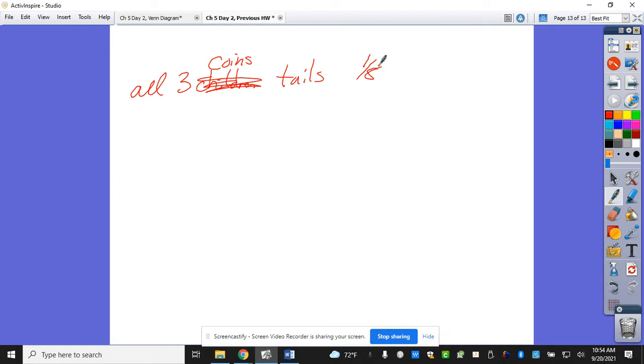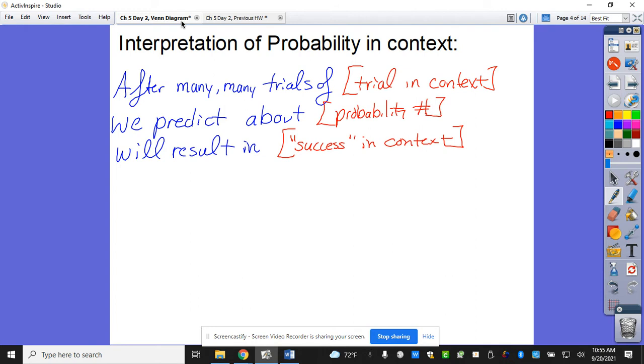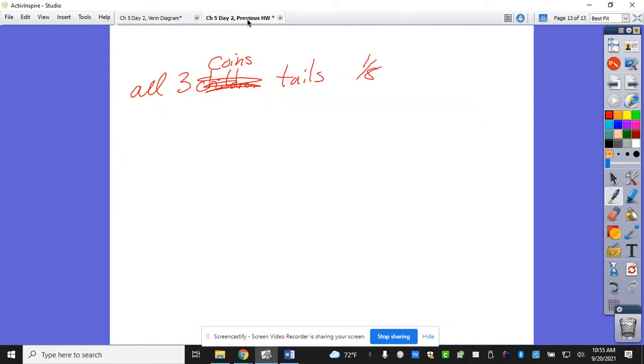So if we went with that, it'd be after many, many trials of what? So this was the one for Friday. It said we flipped 3 coins. We want to find the probability that all of them are tails. Probably all of them are tails is 1/8.